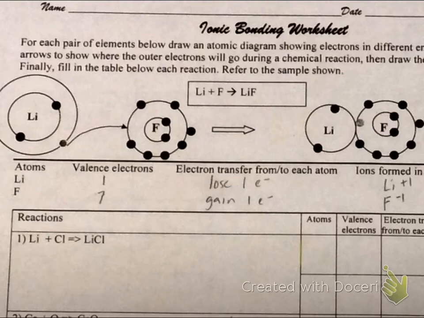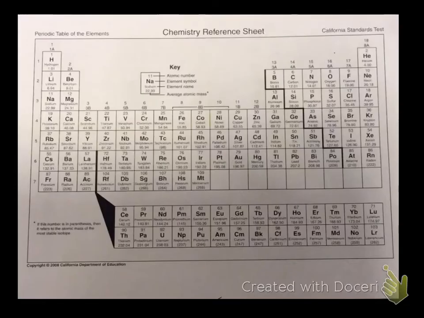Step 4 is to decide if each atom will gain or lose electrons. Remember, atoms gain or lose electrons to look like noble gases, as they will always choose the easiest path. When we look at lithium, which is right over here in the periodic table, the closest noble gas to lithium is helium.